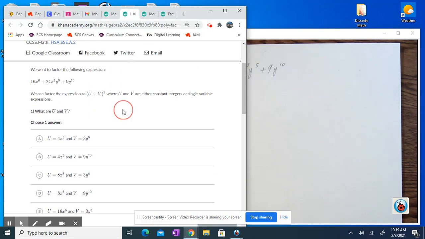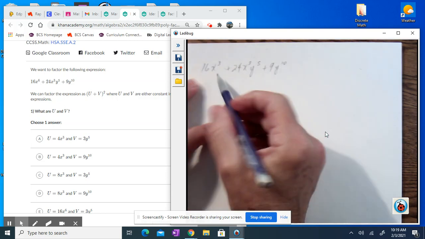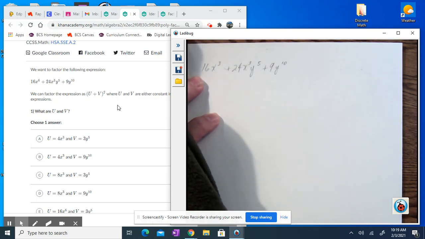We have 5 choices. Okay. So it looks like what they're saying is this is a difference of squares. This is a perfect square trinomial, right? And if it is, then what substitutions are u and v if we wanted to make it look like this?